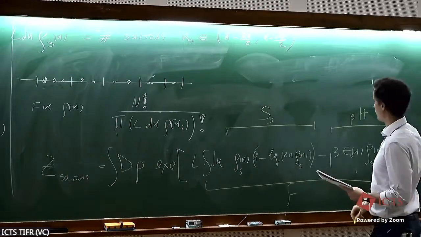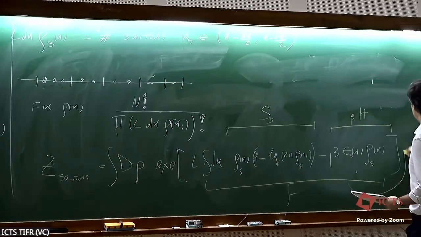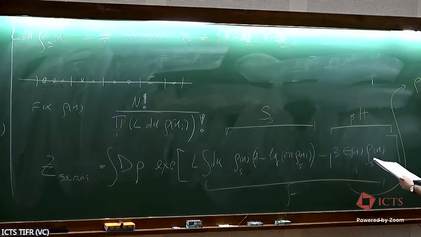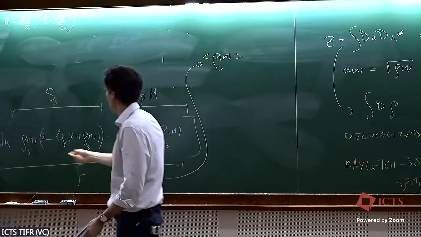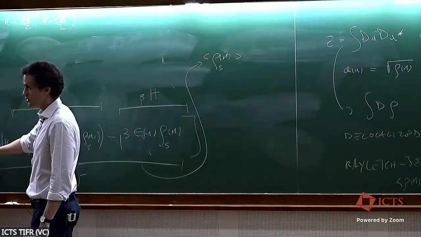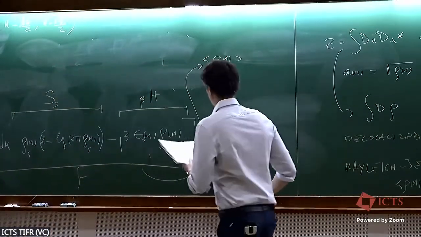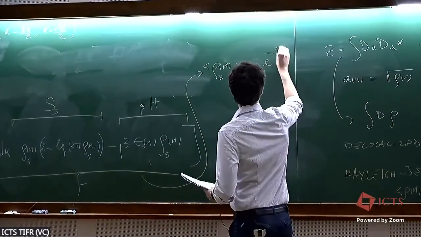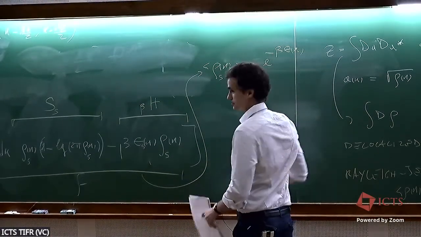If out of this you minimize the free energy, you find the expectation value of the density of solitons, which in the end will be fixed, because for large L you go to the saddle point. This is simply of Maxwell-Boltzmann type, classical particles.